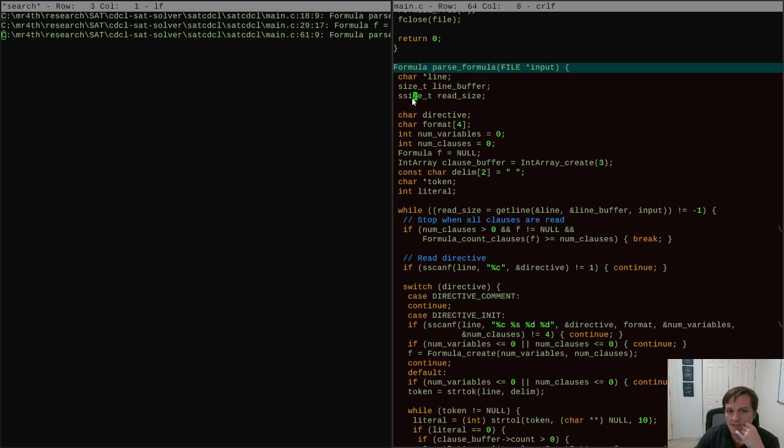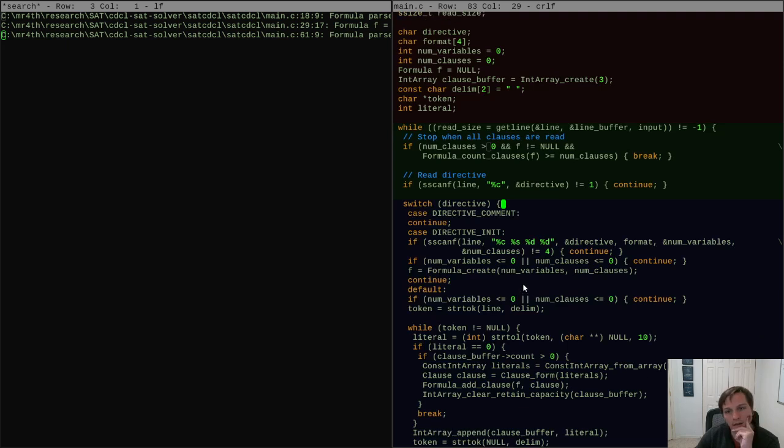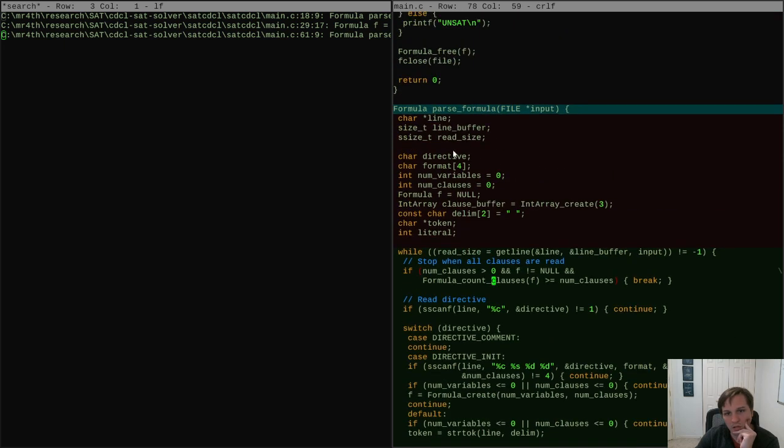Line, oh yeah, ssize_t was the other thing that didn't compile before. I don't know what ssize_t means. But the line comes out here, and then we do something with it. So it's parsed by line, and then it's doing something with formula clauses.